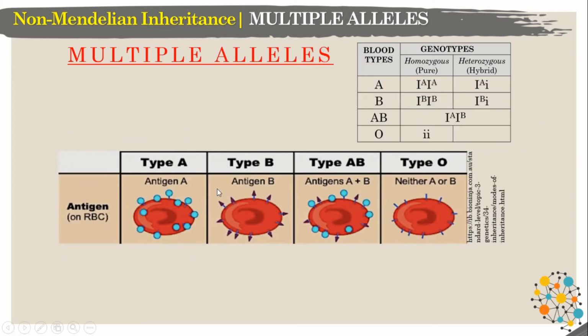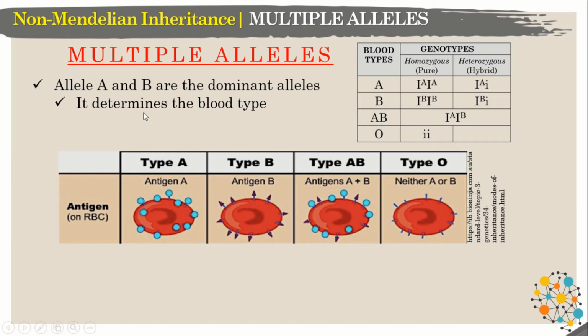Okay. Next. So multiple alleles. As you can see here, alleles A and B are dominant alleles. So if both of them are dominant, is it possible for us to have blood type AB? Yes.